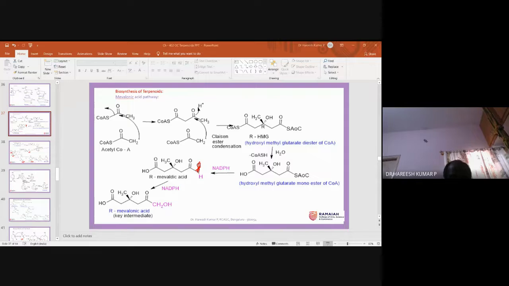So what will happen if there is a positive charge on this carbon? This bond pair can come over here. Why is it coming? Because there is a positive charge on the primary carbon atom. When this bond pair comes over here, there will be a formation of positive charge on the tertiary carbon atom.